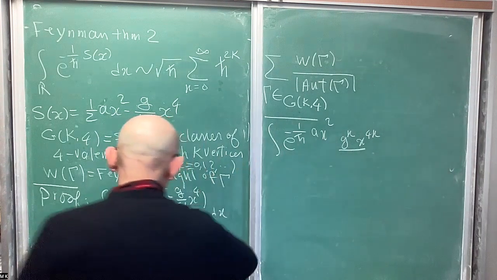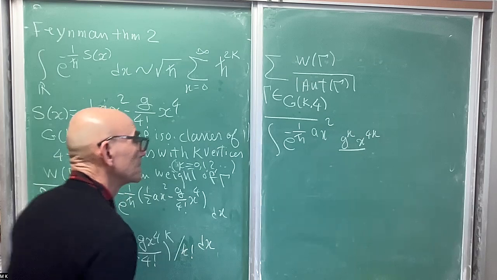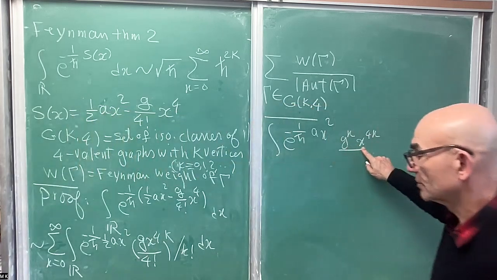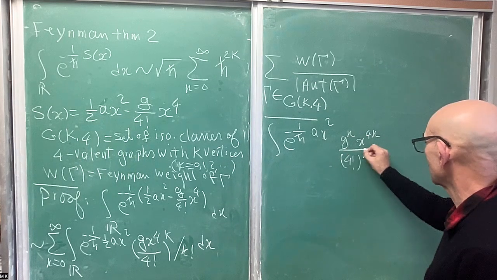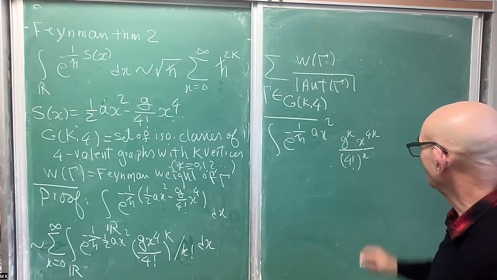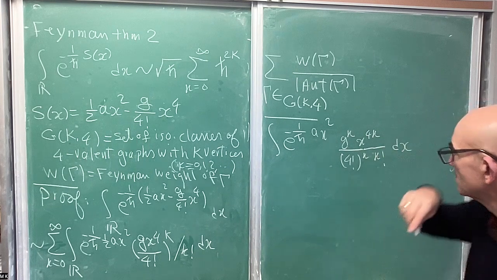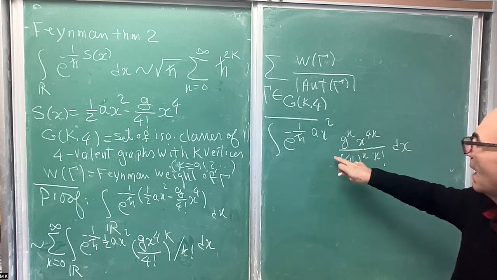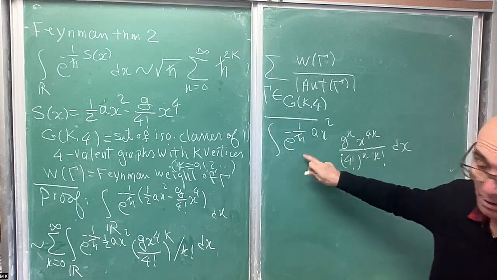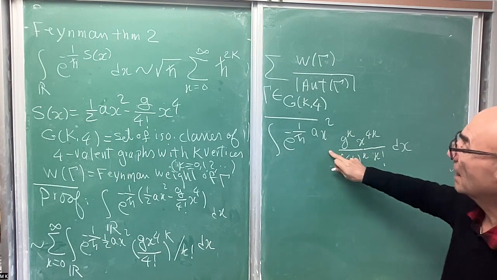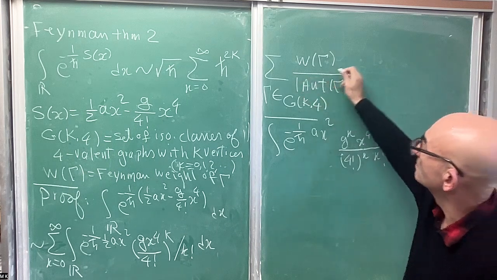Oh, there is 1 over k factorial here. Sorry. So g to the k, x to the 4k, 4 factorial to the power k, and then times k factorial, there is dx. So we have to show that individually each of these one-dimensional integrals is given by this sum up here, by this part.